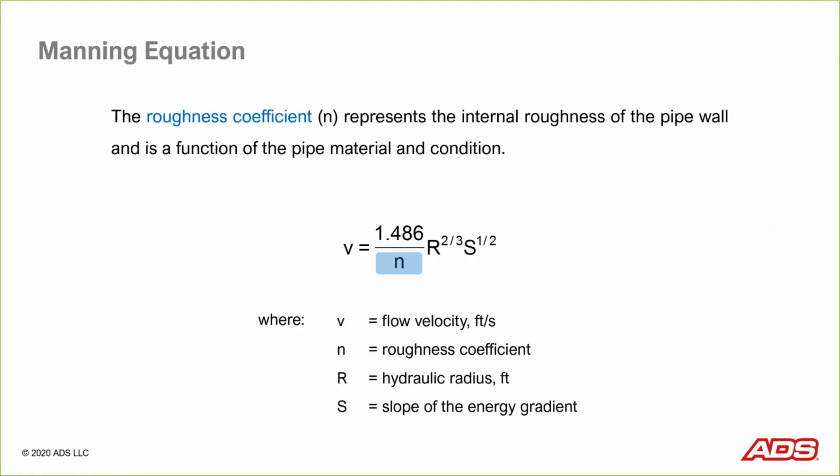So the velocity correspondingly goes down. Likewise, if you have a smoother pipe, water is able to get through that pipe easier, and the velocity goes up. Now, when we are using the roughness coefficient in the design mode, the common number you'll see is 0.013.